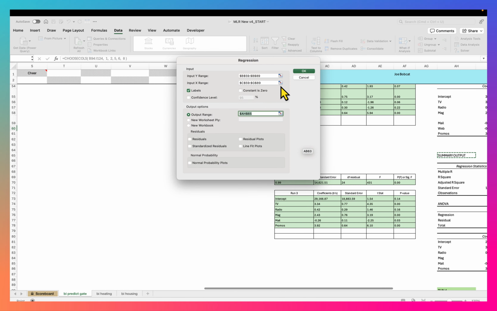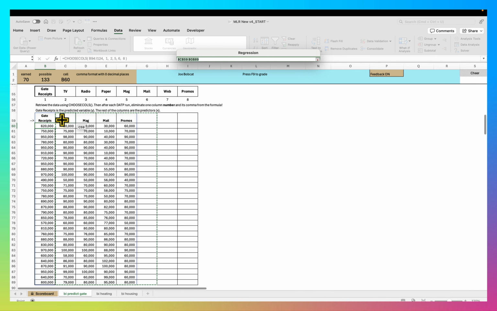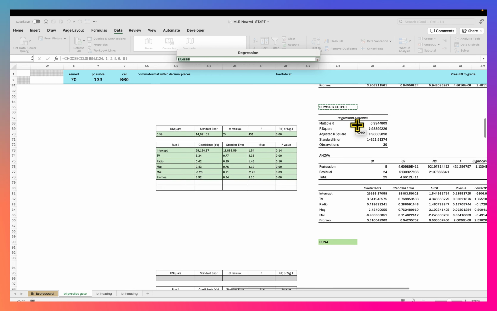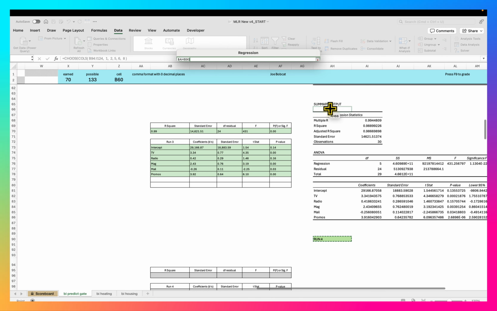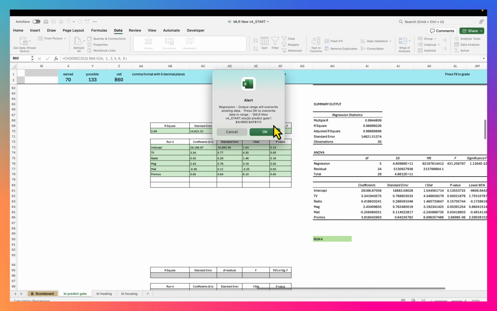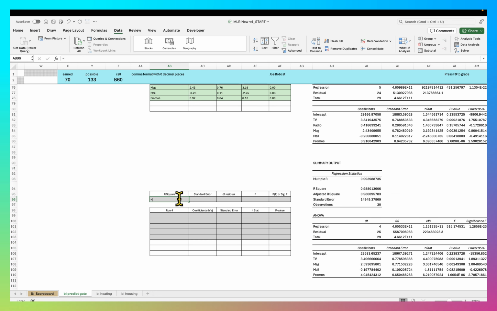Regression. Highlight the X range. Change the output to run 4. Click OK and OK again. And then reference the new values.